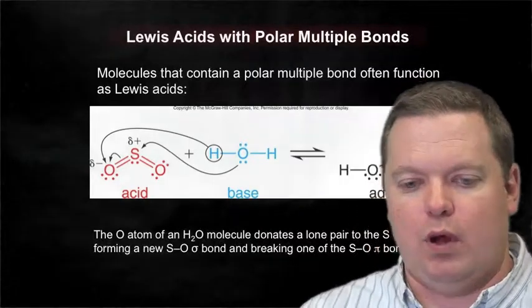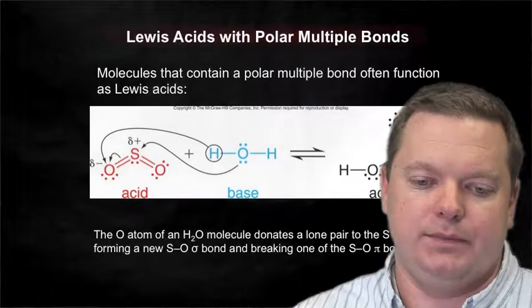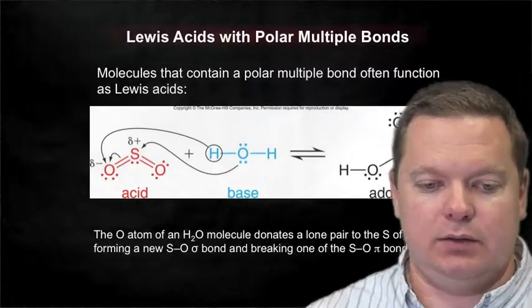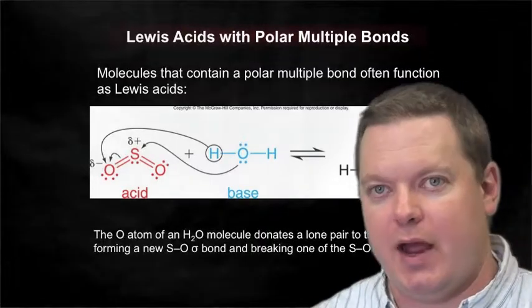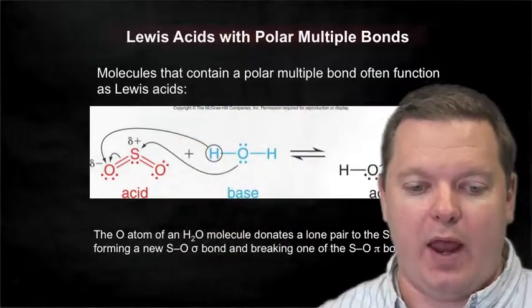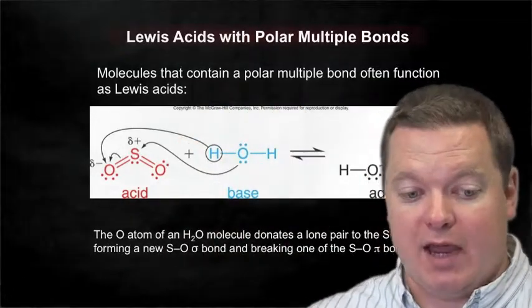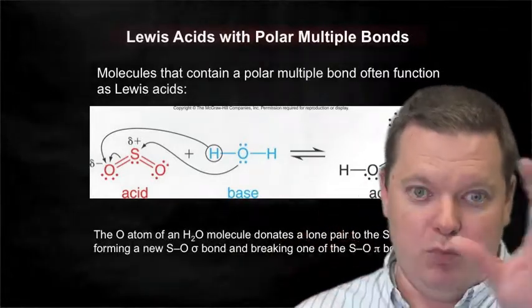The next one, Lewis acids with polar multiple bonds. Right? So molecules that contain polar multiple bonds can also function as Lewis acids because those pi electrons can be used to accept a pair of electrons by moving that out.